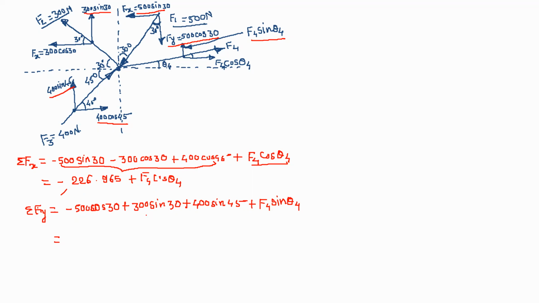And similarly find out the Fy. So Fy value, it is minus 0.1699 plus this value is F4 sine theta 4. Okay, so have you got the same answer?